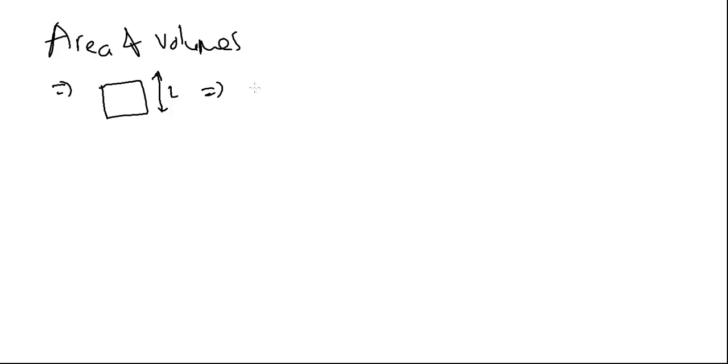So then we say that the area is equal to L squared, and the perimeter, well, you can do it in your head. There's 4 edges, so the length of the perimeter is 4L.